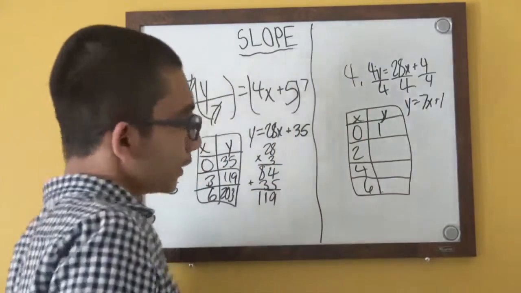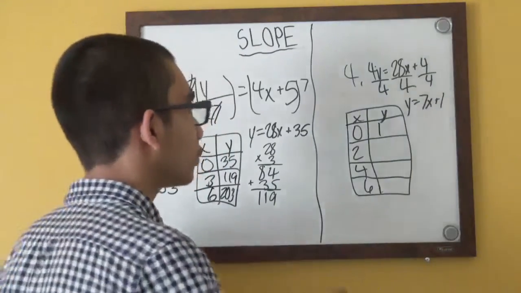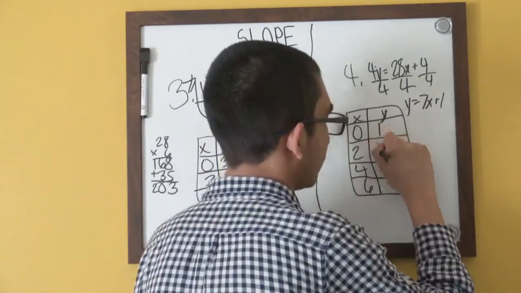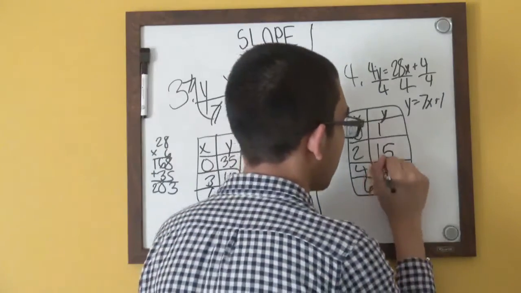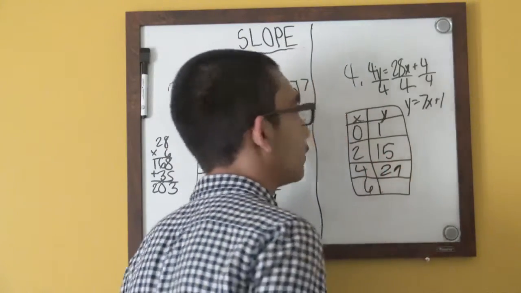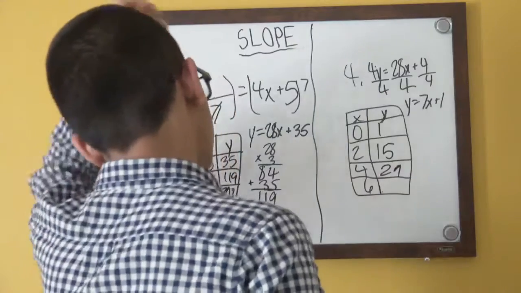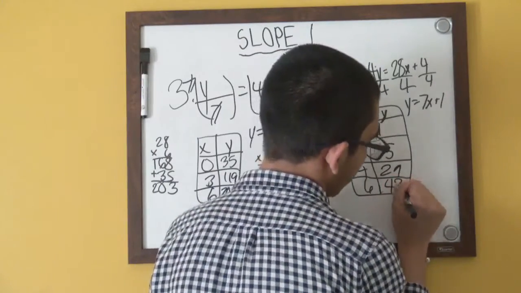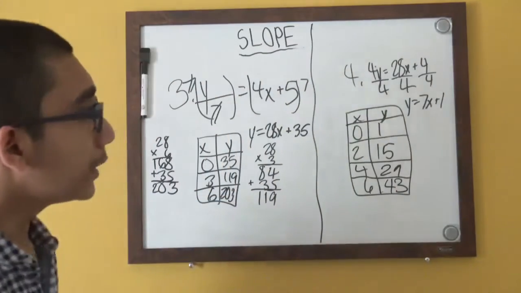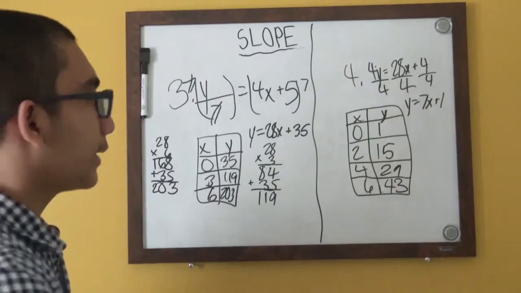For 2, 7 times 2 is 14 plus 1 is 15. 4, 7 times 4 is 28 plus 1 is 29. And 6, 7 times 6 is 42 plus 1 is 43. We won't put this in a graph either, but you can get the idea.